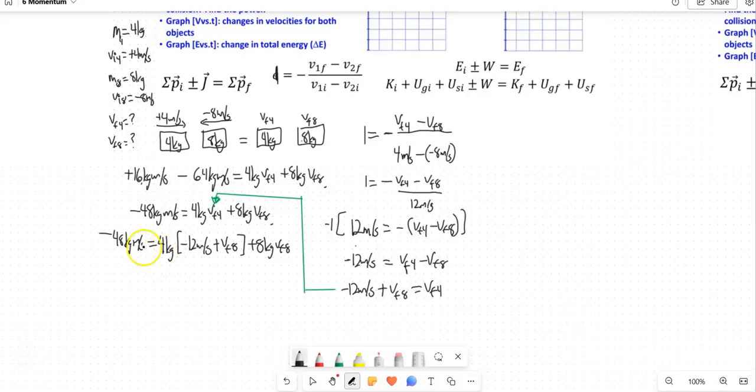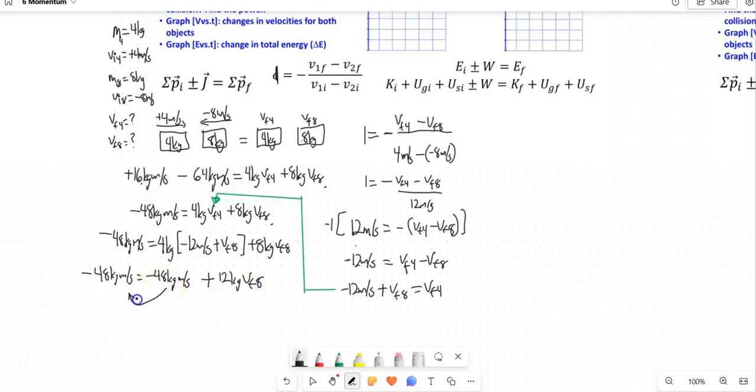Okay, so let's do this. 4 times negative 12 is negative 48 kilogram meters per second, plus 4 plus 8, that's going to be 12 kilograms V final 8.